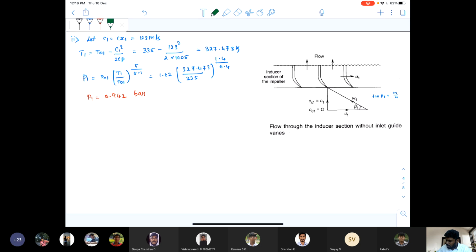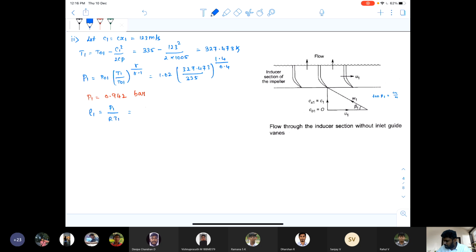Now with the value of P1 and T1, you can find the value of rho 1. Therefore, density rho 1 is equal to P1 divided by R T1.